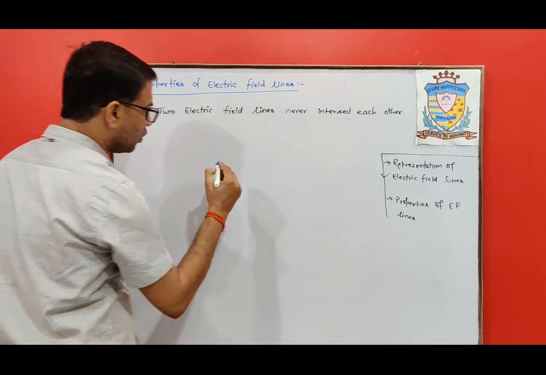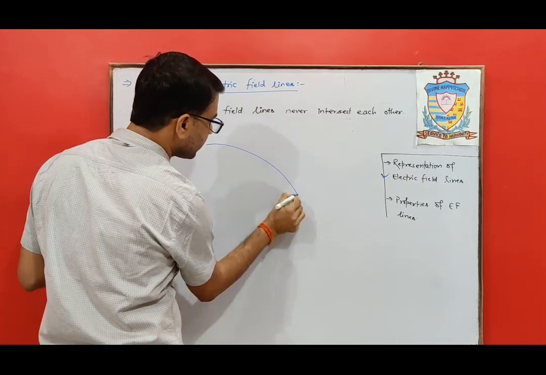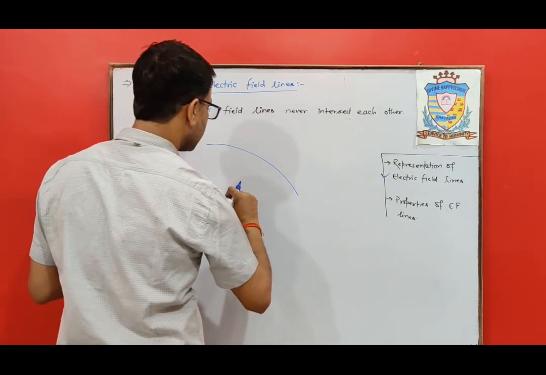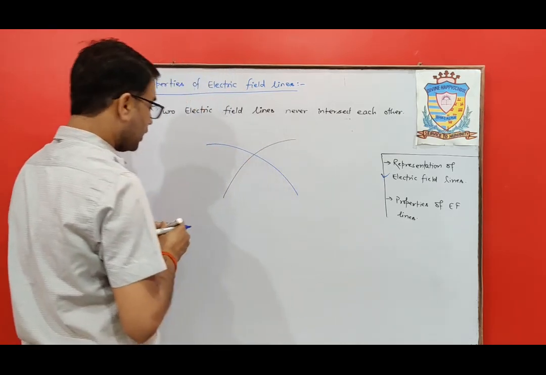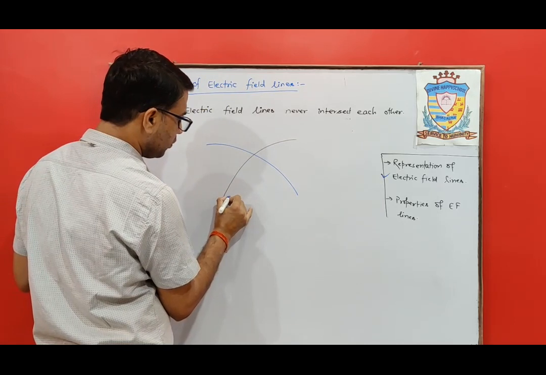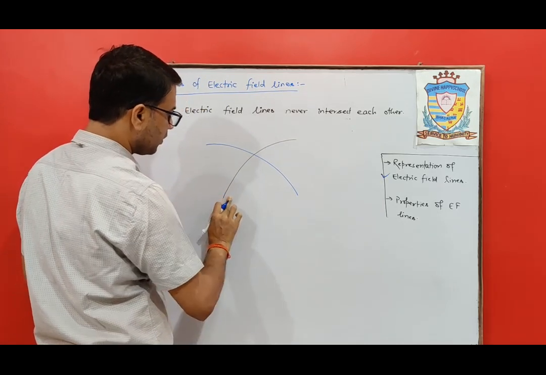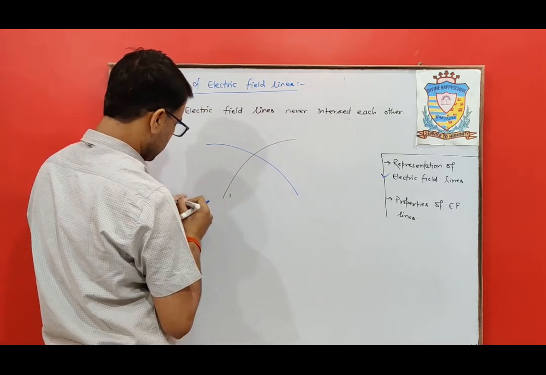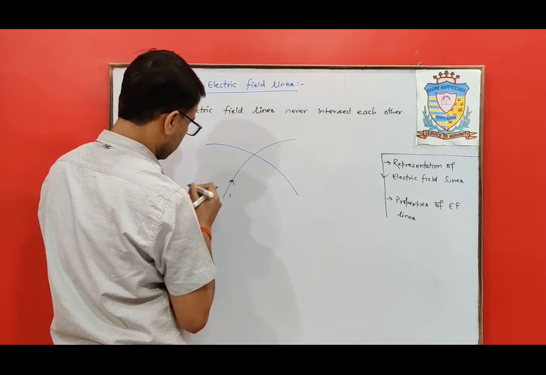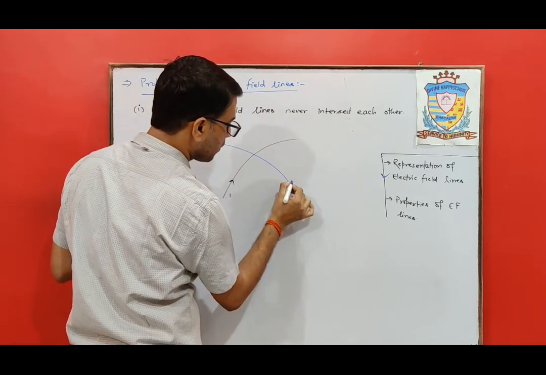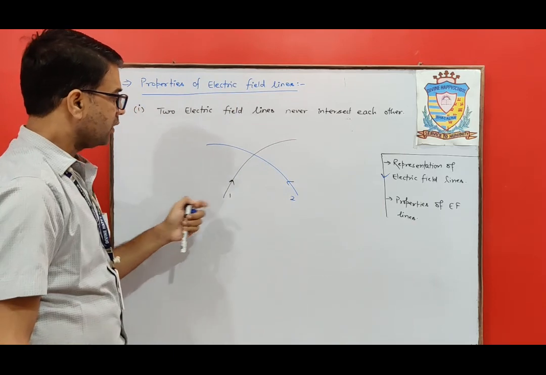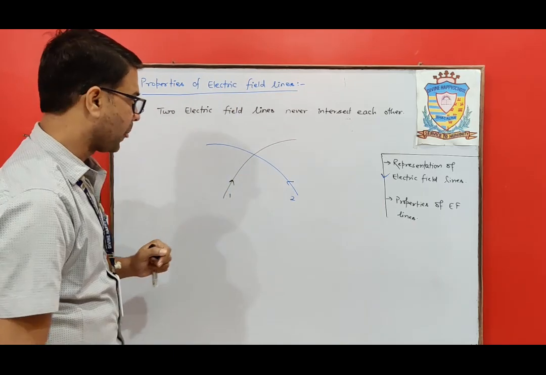Suppose we have two electric field lines, line 1 and line 2, and these are their forward directions.